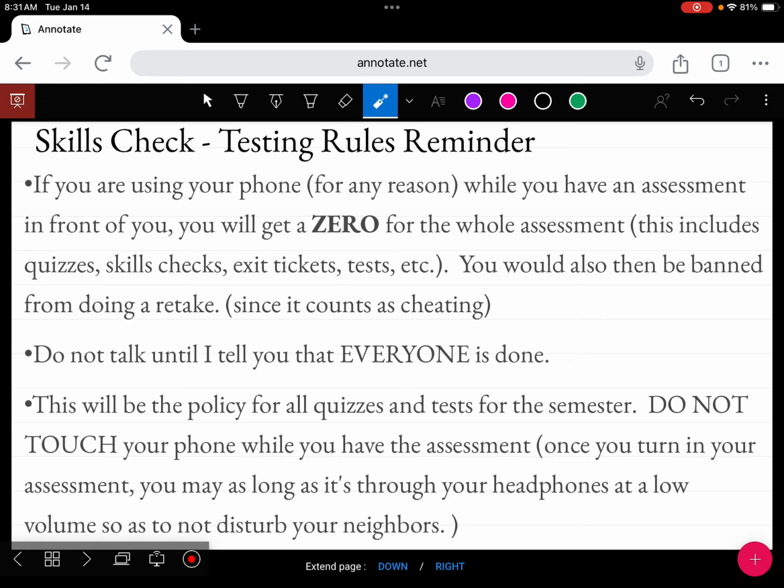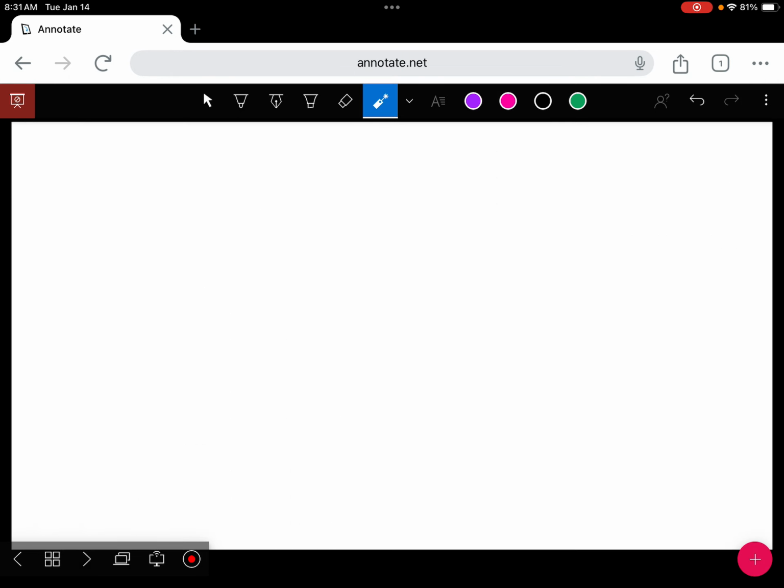If I hear it coming through your headphones, I will tell you. I know most headphones have a volume button. That's okay. I'm not going to take your test away for turning the volume down on your headphones. I don't want you scrolling through and changing songs and playing with your playlist. Okay? So, just being clear.